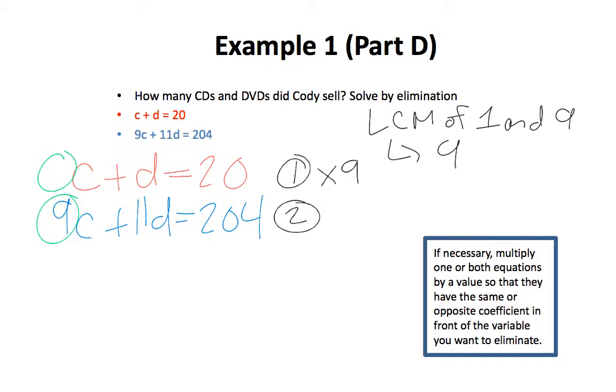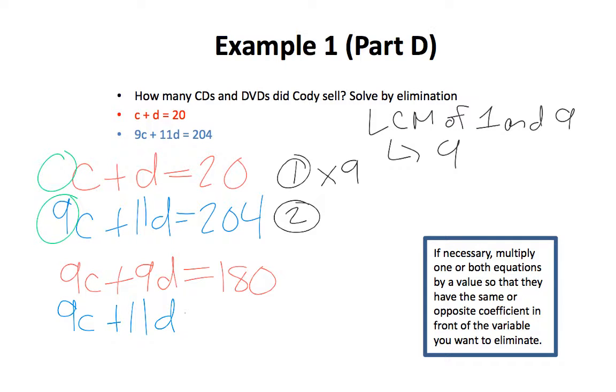Therefore, if I multiply everything in the red equation by 9, that becomes 9C, that becomes 9D, and that becomes 180. The blue equation stays exactly the same. And as you can see, the coefficient of C is the same, which is exactly what we want.